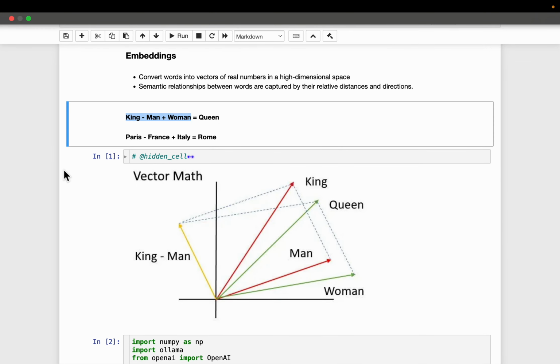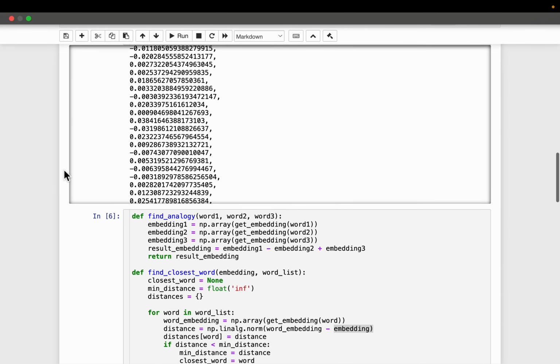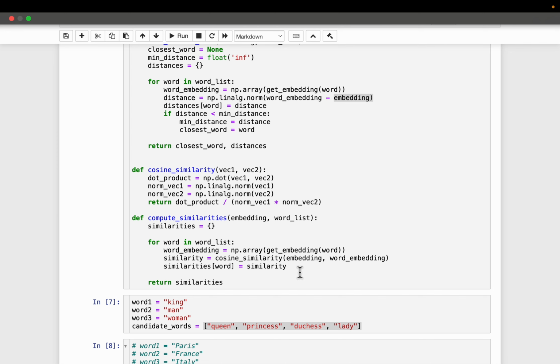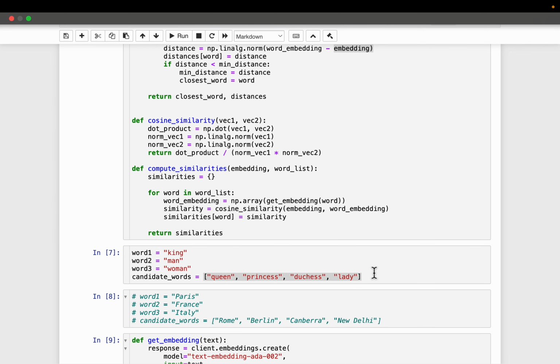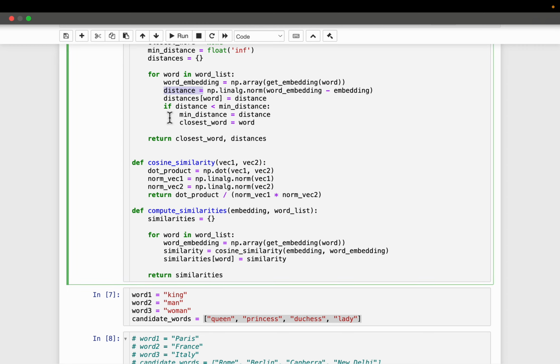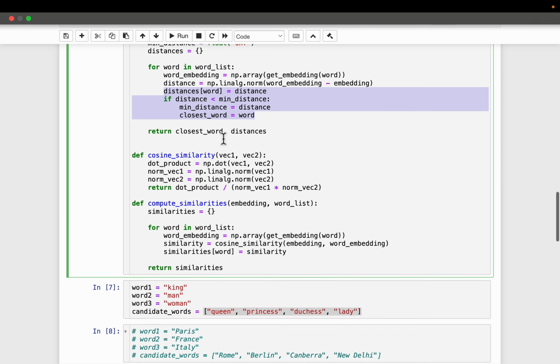We are computing the Euclidean distance between the left-hand side, which is fixed, and all 4 words on the right-hand side. Then we check which one has the minimum distance, and we return the closest word, whichever has the minimum distance, and we also return the distances to all 4 words.